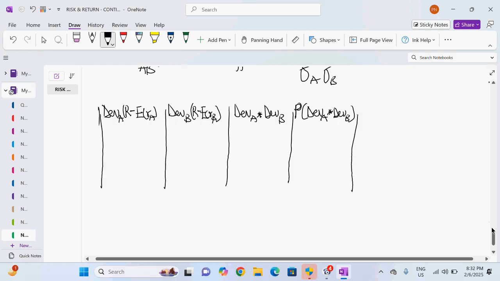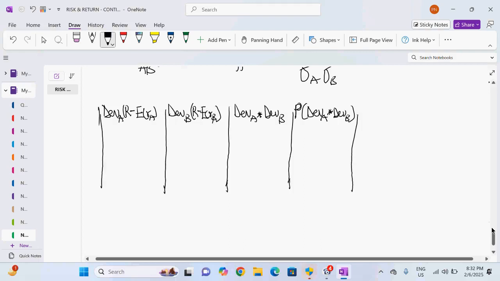If you still don't want to use deviation, then you can just ignore it and use R minus this, times this, times this, and then you multiply the probability, without bringing the deviation. You can decide to bring the deviation if you want, or ignore it and just write your formula straightforward.